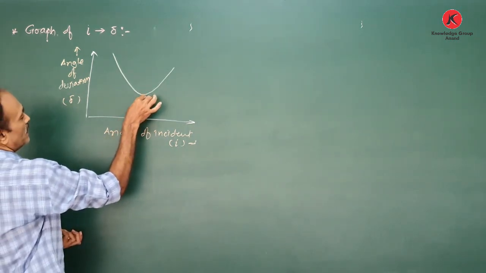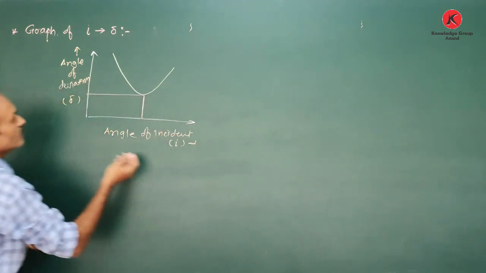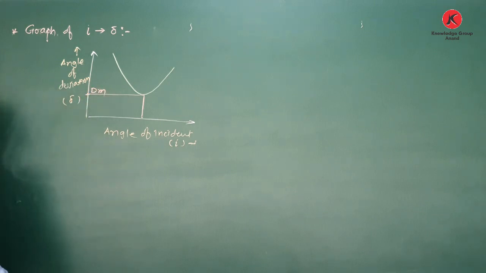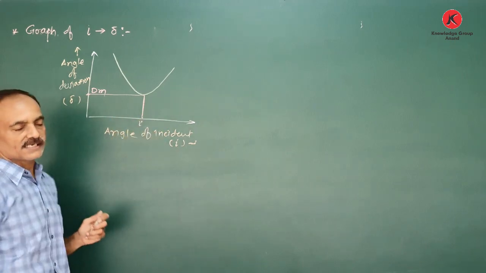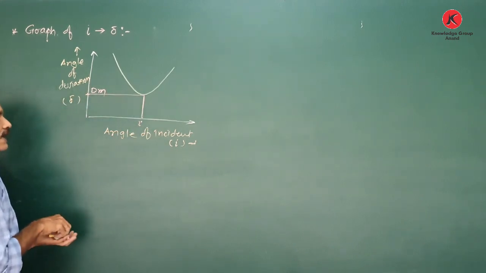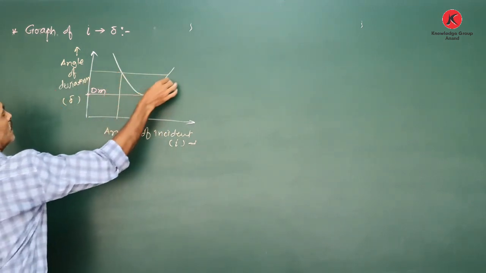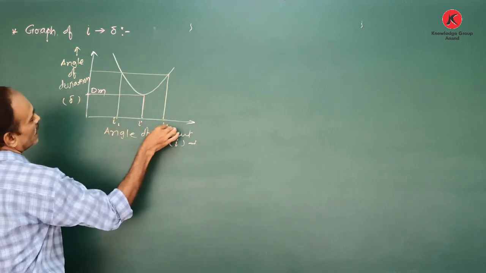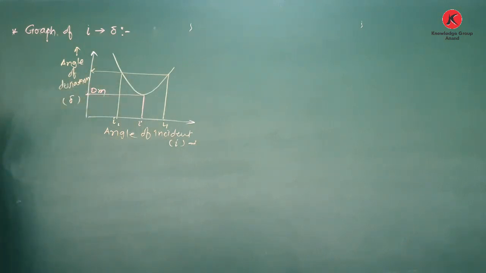For this particular value of the angle of incidence, we obtain a unique value of delta, known as delta minimum, that is dm. For this value of i, the angle of incidence and angle of emergence both become the same, and then delta becomes minimum. For other values, two different angles of incidence give the same value of delta.